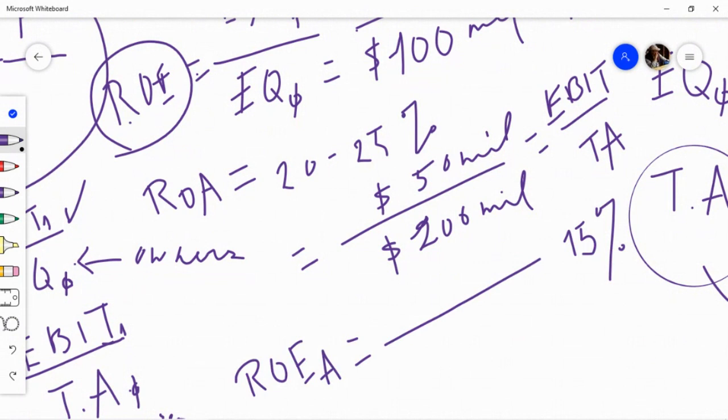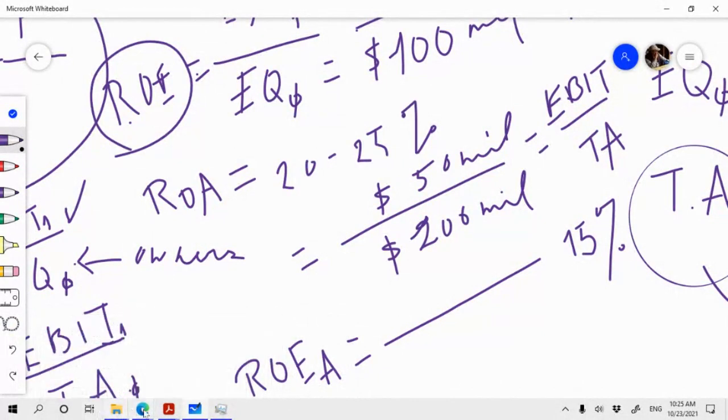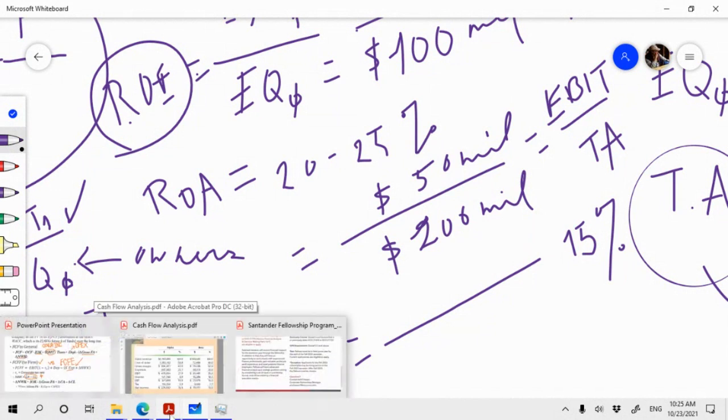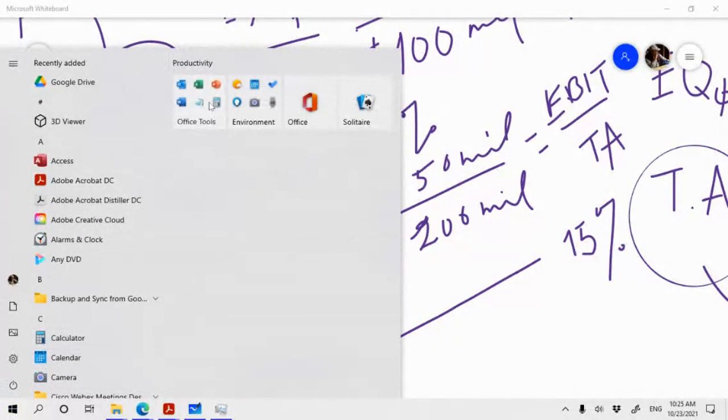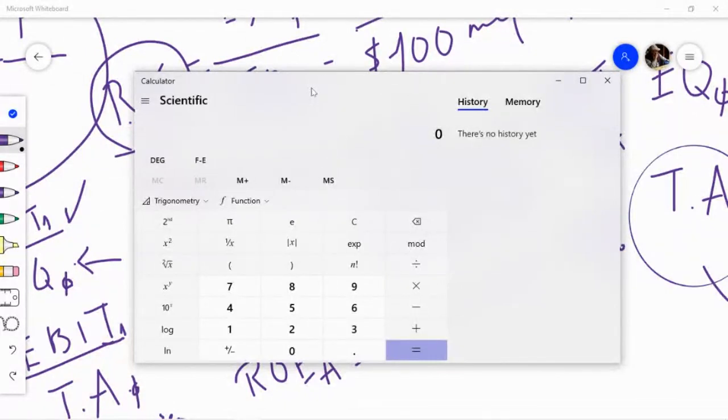This is about what Apple would get, because on average over the last 5 years, every semester I collect Apple's stock price data, and the average monthly return was like 2%.